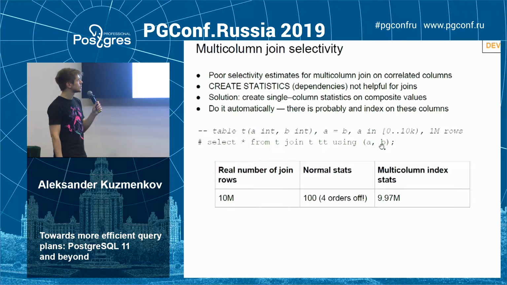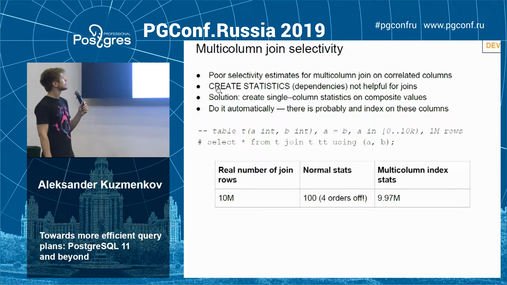And we create statistics not for A and B separately, but for A and B altogether. And it happens that it allows you to improve selectivity very much, and with this patch we almost hit the target. It lies in the hottest patch.